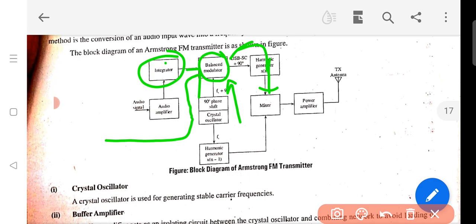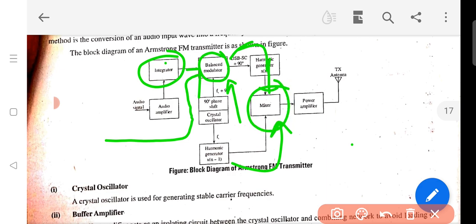This DSB-SC is added in the summer network through the harmonic generator, meaning the multiplier, in order to produce higher frequencies. Also, observing the standard FM equation, carrier plus the integral over m of t into kf, where kf is the frequency sensitivity, that's why the direct carrier signal is applied here.